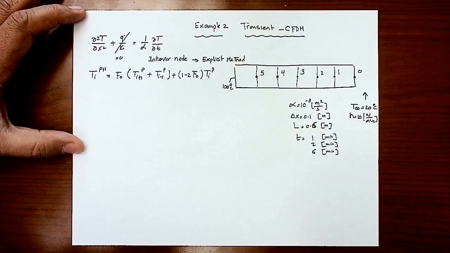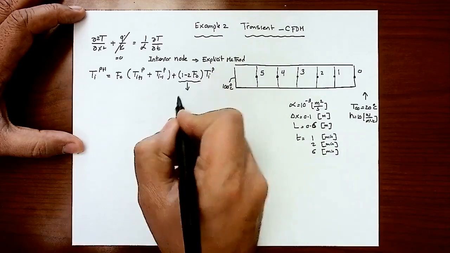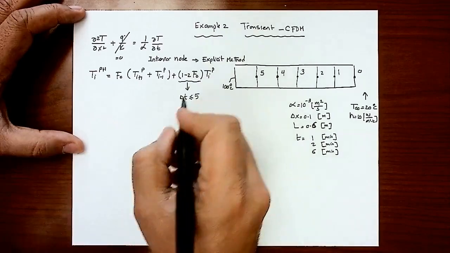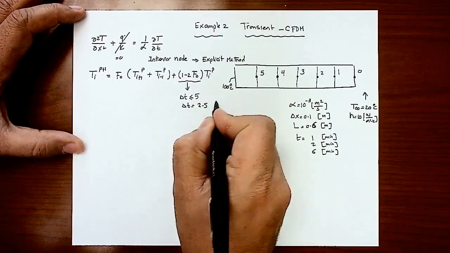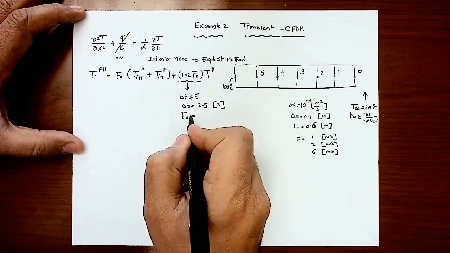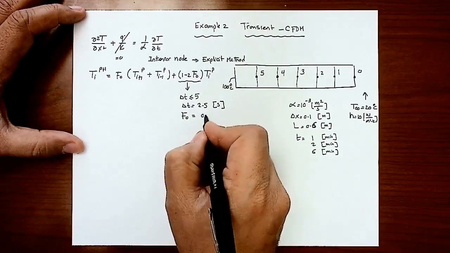Before I move forward, we already found that delta t has to be less than or equal to 5, and we decided to go with a time step equal to 2.5 seconds. We went back and calculated Fourier's number for that value. I'm trying to recall, it's 0.25.